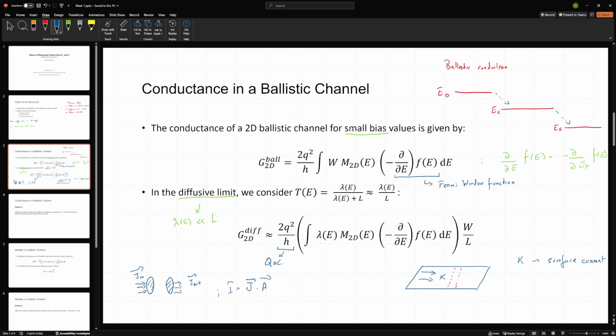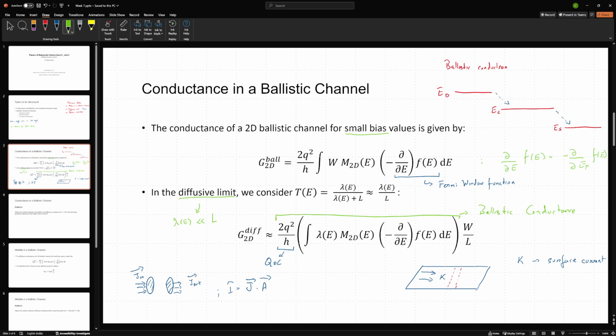So this is the quantum of conductance, multiplied by the integral into W divided by L, which implies as L increases, this quantity becomes smaller and smaller, and as W increases, this quantity becomes larger and larger. So we can directly identify this combined integral to be the ballistic conductance.